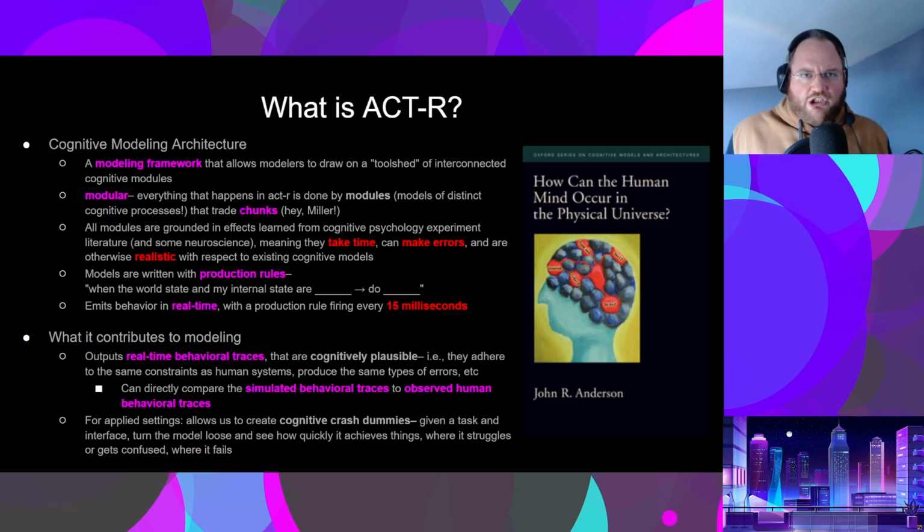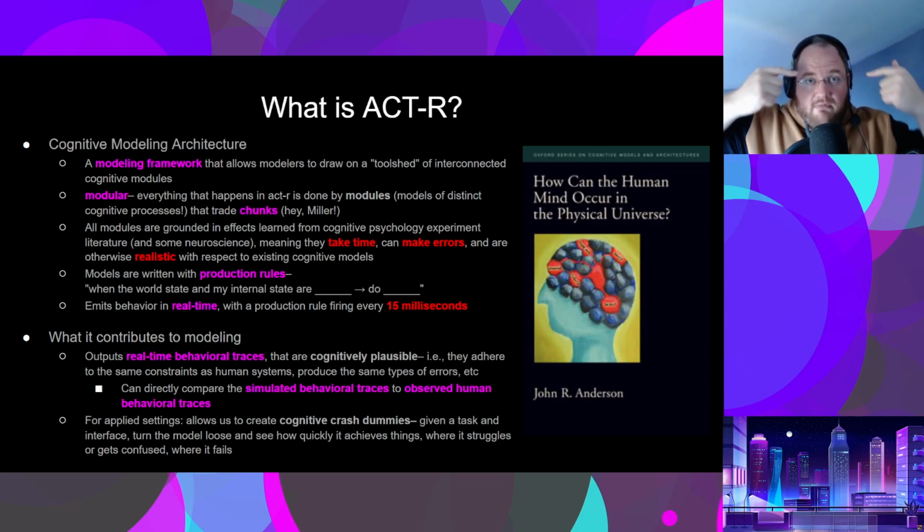So the main thing that you're doing if you're writing one of these models is you're writing the rules, the production rules, which are essentially great big if statements that say, if the contents of my mind, my current state as the architecture running, and maybe things out in the world, everything I have access to, if things are in this particular state, I should do this. Doing something might be moving information around internally.